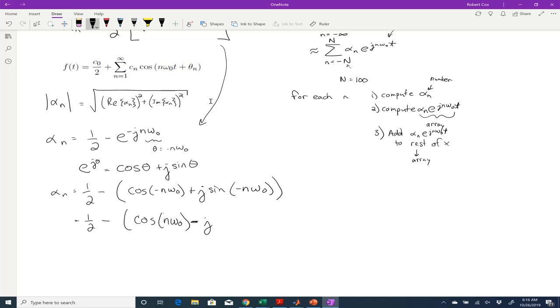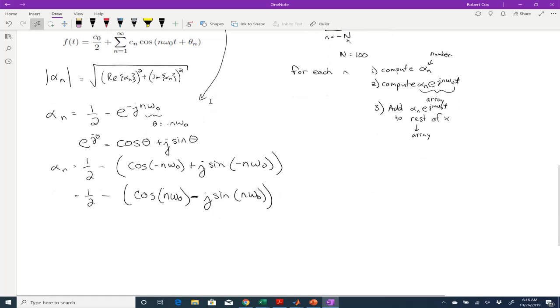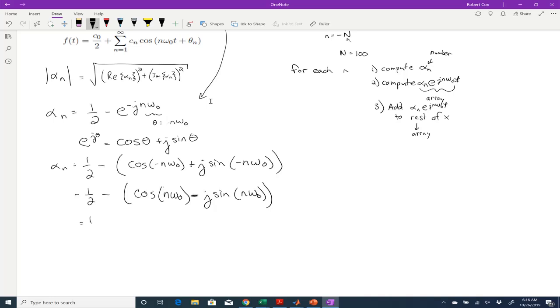So I write minus j sine n omega naught. That simply becomes 1/2 minus cosine n omega naught plus sine n omega naught times j, like that.